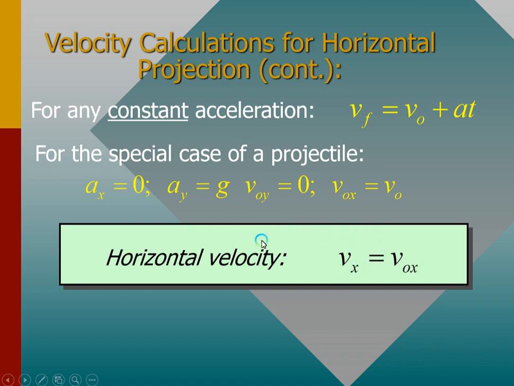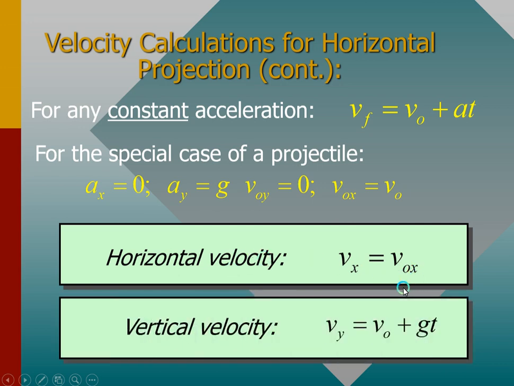The horizontal velocity is the horizontal component, so we have its x value. In the horizontal component, there is no action of gravity, so the horizontal value stays the same all throughout. For the vertical velocity, we have VO plus GT. We will have the gravity consideration.